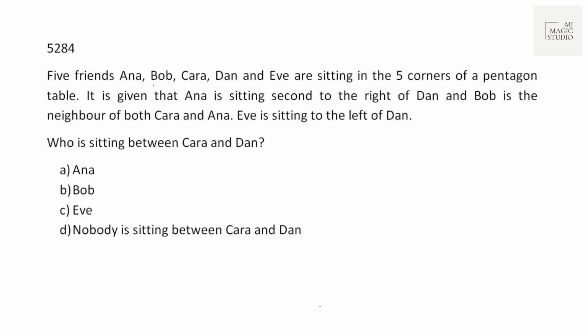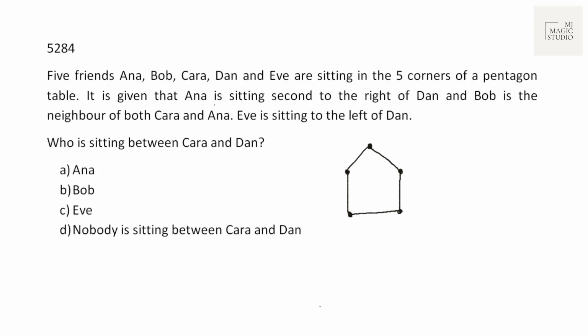Five friends A, B, C, D, E are sitting in the 5 corners of a pentagon table. So this is the pentagon table, 1, 2, 3, 4, 5. 5 sides are the same. Let us suppose this.